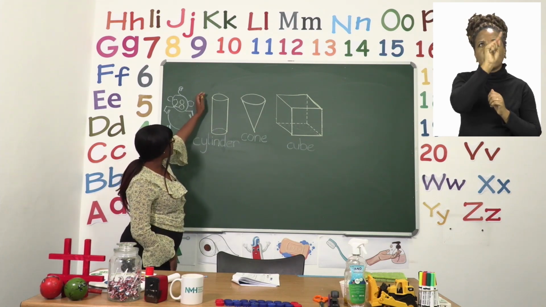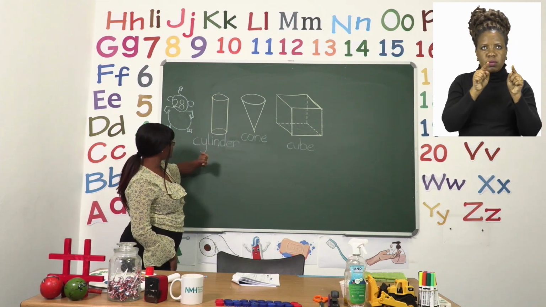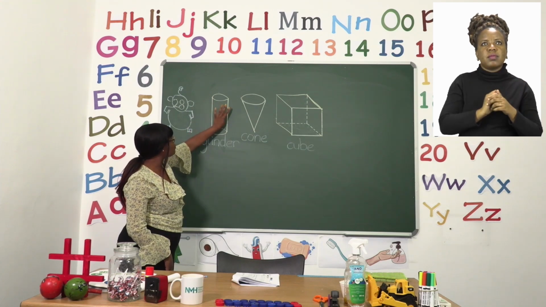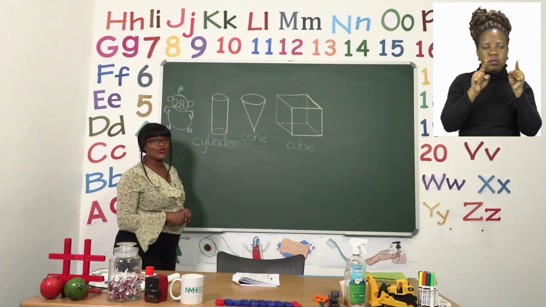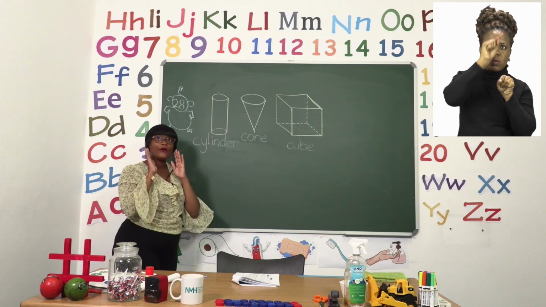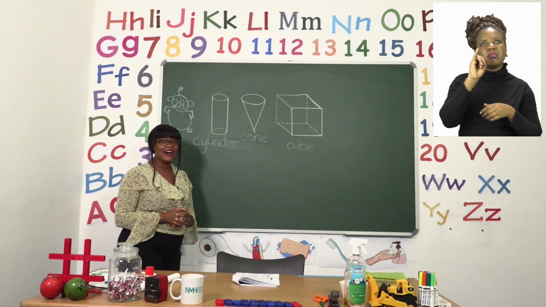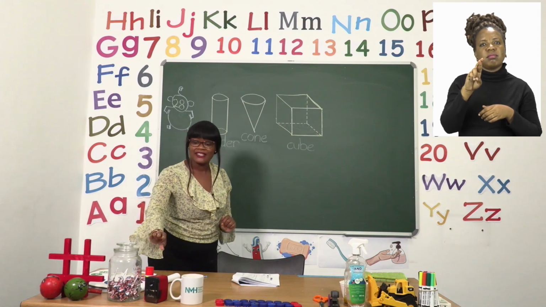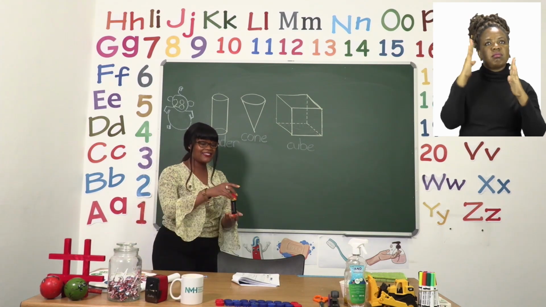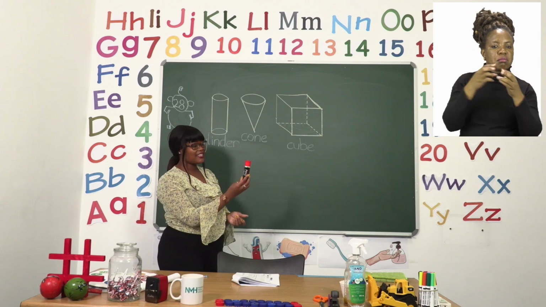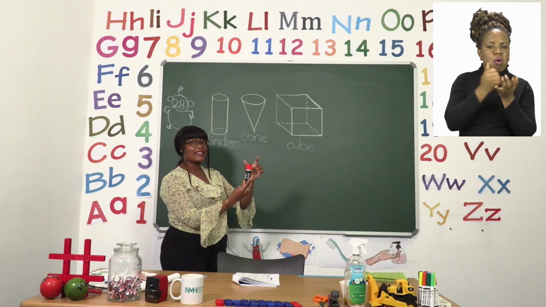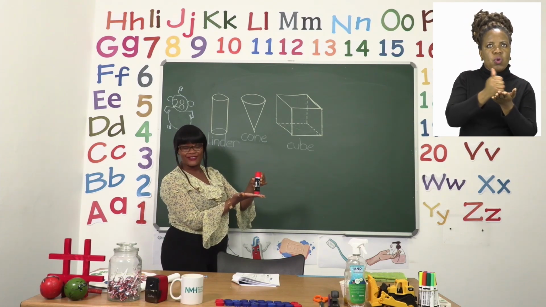It has two flat surfaces and it has a round face. So if we try to look for a cylinder around our house, we can actually find it. An example of a cylinder in the classroom is the glue. Now, as you can see, the glue has one flat side and another flat side.